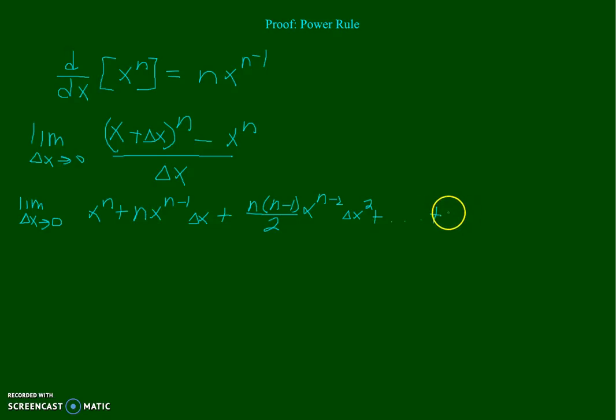plus n x delta x to the n minus 1 plus delta x to the n minus this last x to the n.